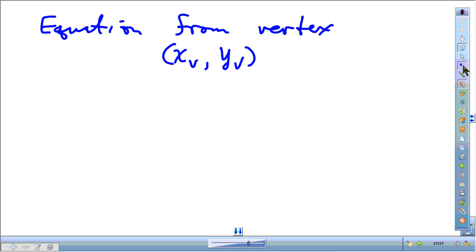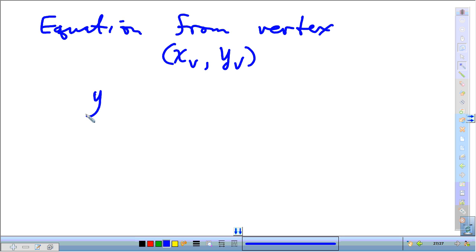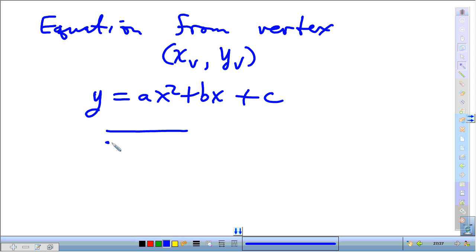And then with parabolas, if we knew the coordinates of the vertex, instead of y equal ax squared plus bx plus c in general, this equation becomes essentially just needing to know a.